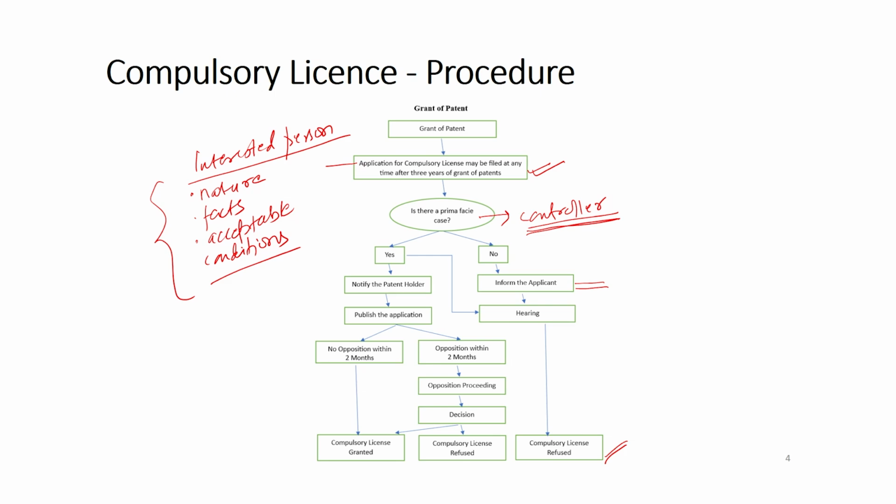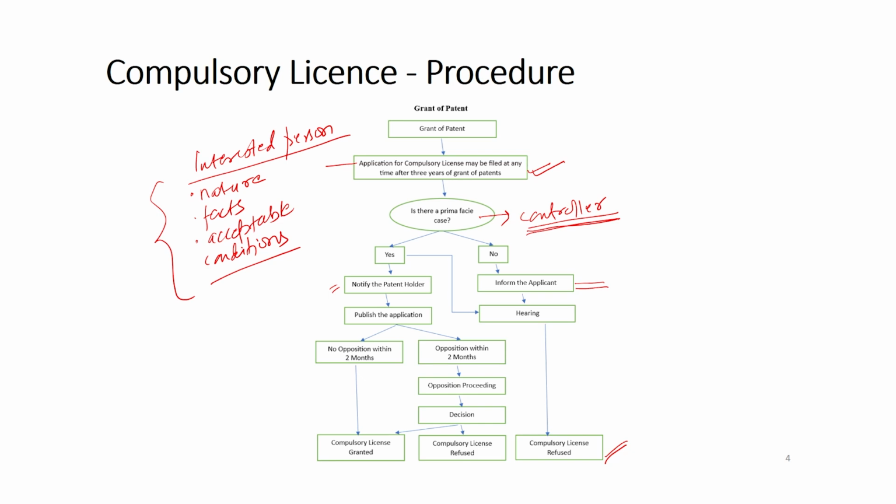On the other hand, if the controller is of the opinion that there exists a prima facie case on the basis of the material which the interested person has supplied, that is, nature of interest, facts and support, acceptable conditions, and this appears to be a good case for issuance of compulsory license, then the controller will notify the patent holder that, look, somebody has made an application and is giving grounds for issuance of compulsory license.